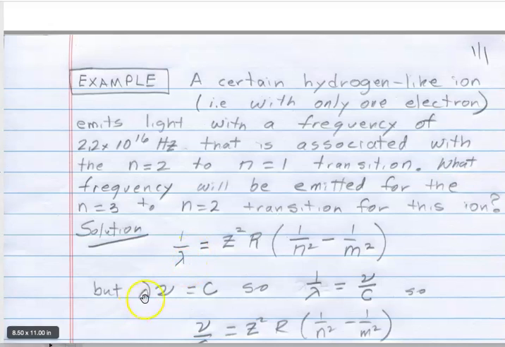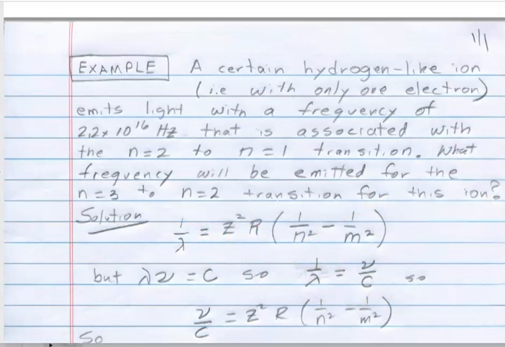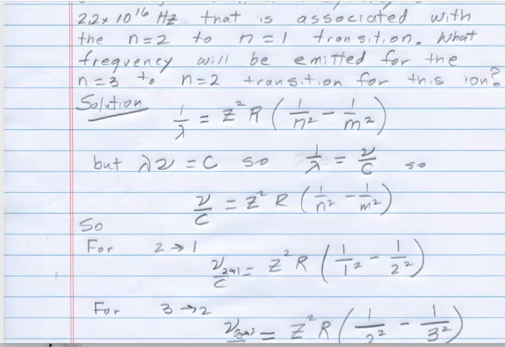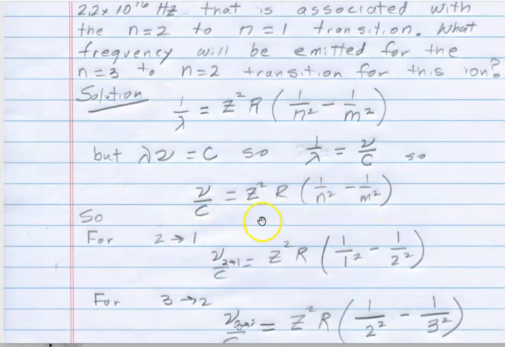Now we're not given the wavelength, but we can rapidly get this in terms of the frequency, so I just use the speed of light as the wavelength times the frequency to solve for 1 over lambda, which is nu over c, the frequency over c, and I just made that substitution up above. And so the Rydberg formula could be rewritten in this form.